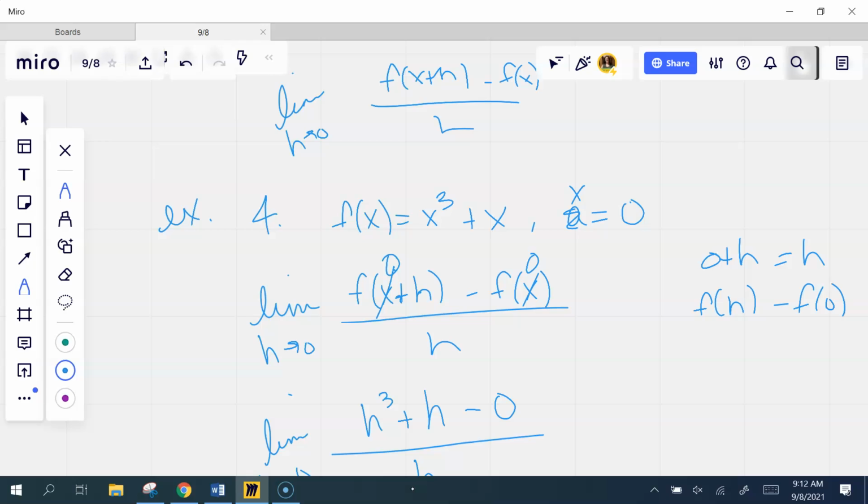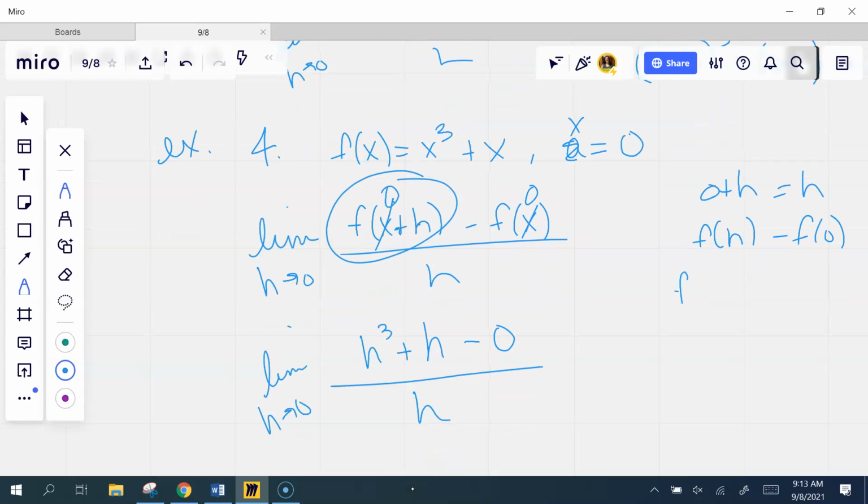Why is there plus 8? It's x cubed plus x. Yeah, exactly. So if you put 0 plus h cubed plus 0 plus h. Everywhere there's an x, you put 0 plus h.